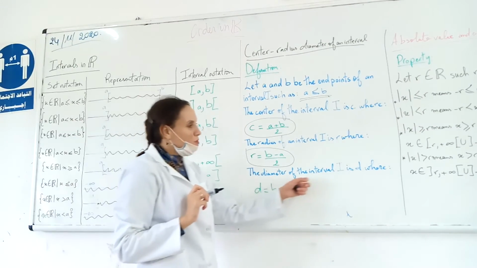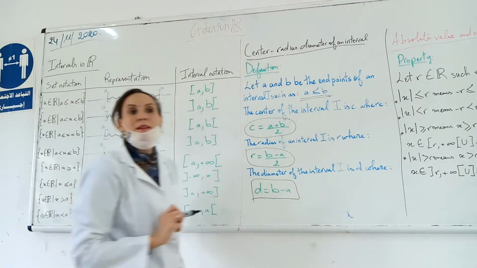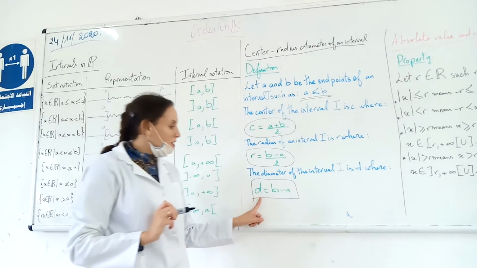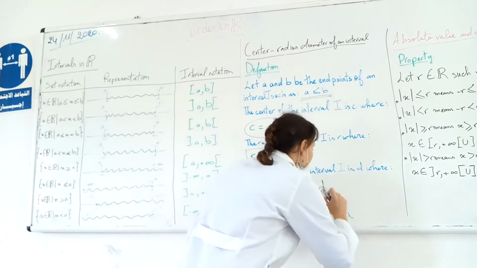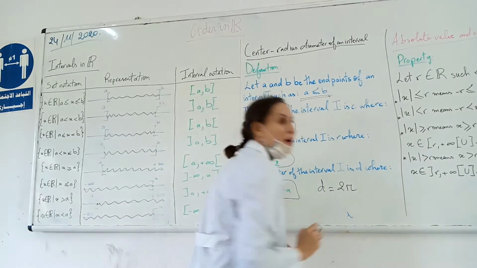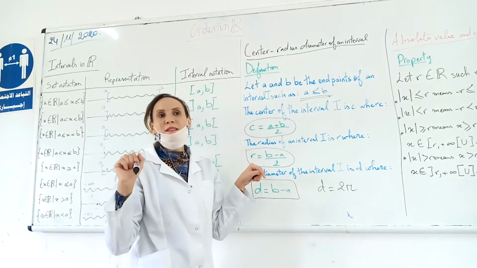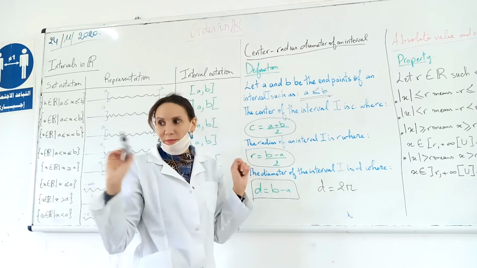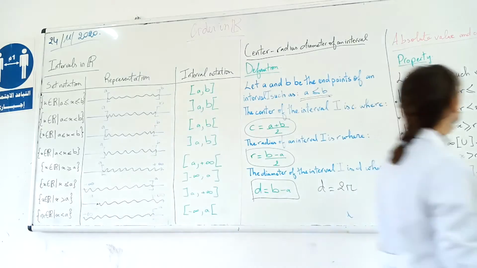The diameter of the interval is D equal B minus A. So D is always equal to 2R, and D in the interval is the distance between A and B. Clear?